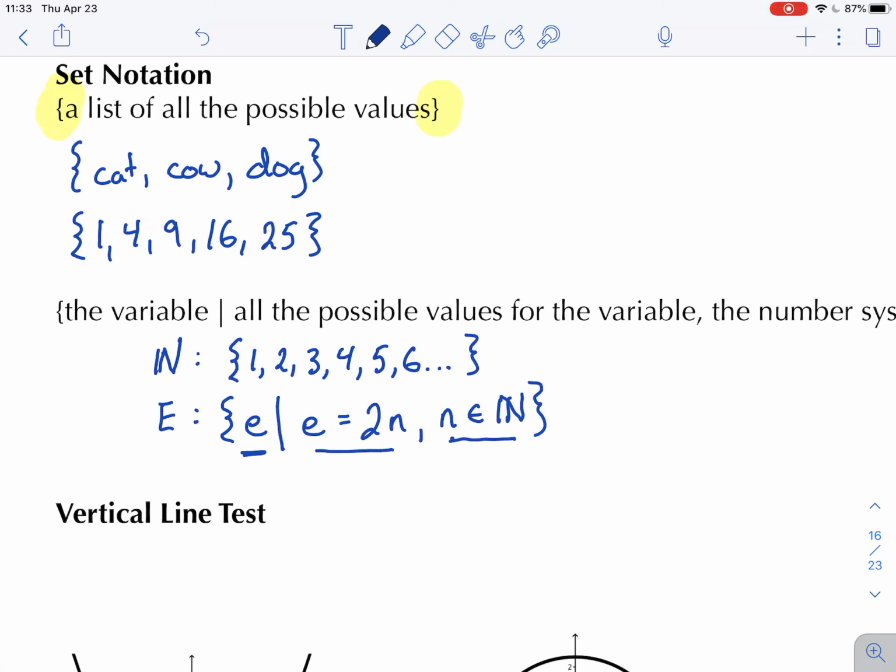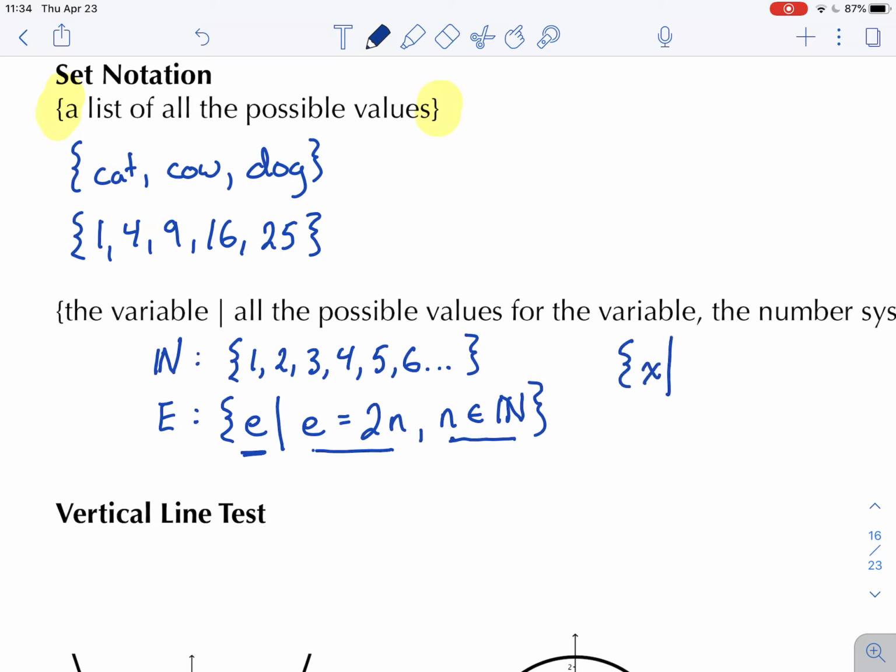This is a way to write the set of all even numbers. When n is equal to 1, E is equal to 2. When n is equal to 2, E is equal to 4. When n is equal to 3, E is equal to 6. So this set contains all the even numbers.